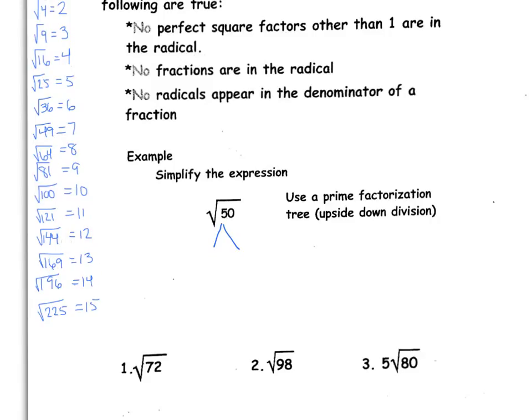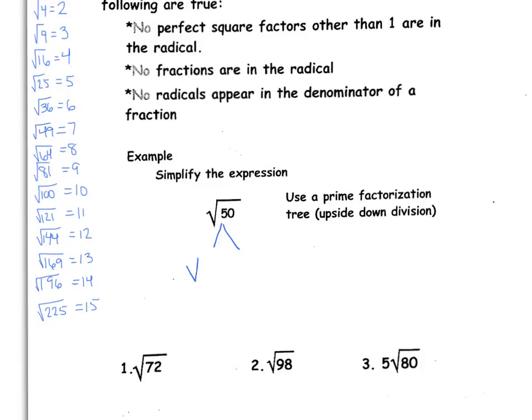If I look on my list, I see that 25 is already a perfect square. If it wasn't a perfect square, that would be my starting point, and I'd work from there. The goal is to find the highest perfect square that goes into 50. Once we cut it in half, we get 25, which is already a perfect square.